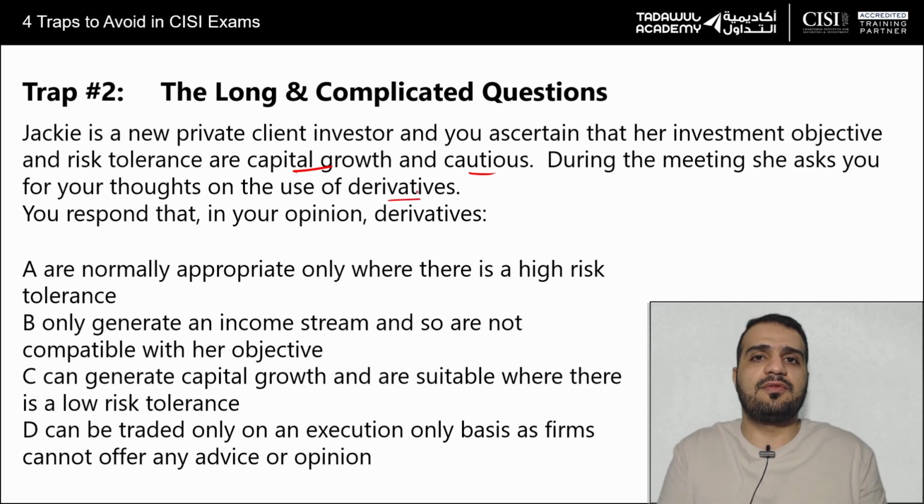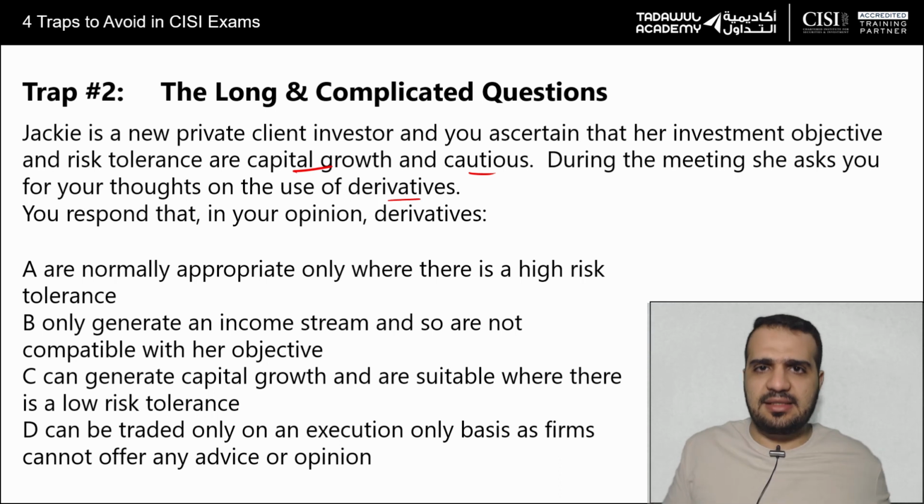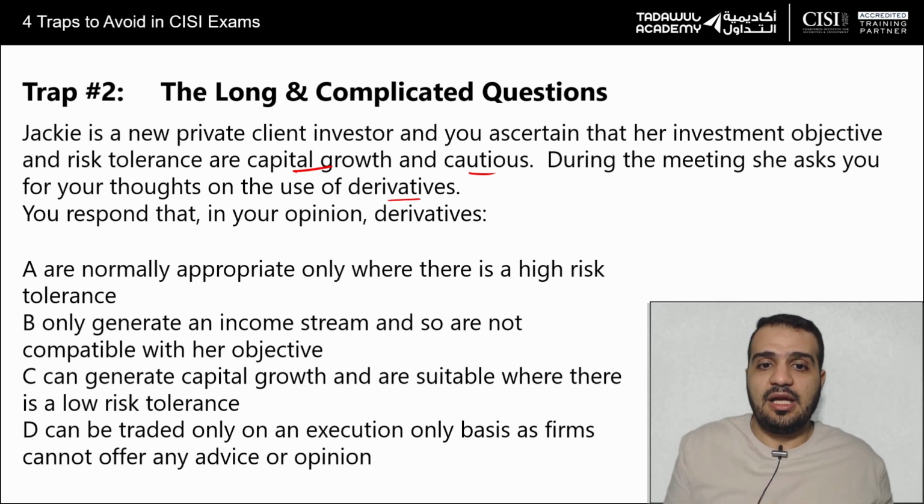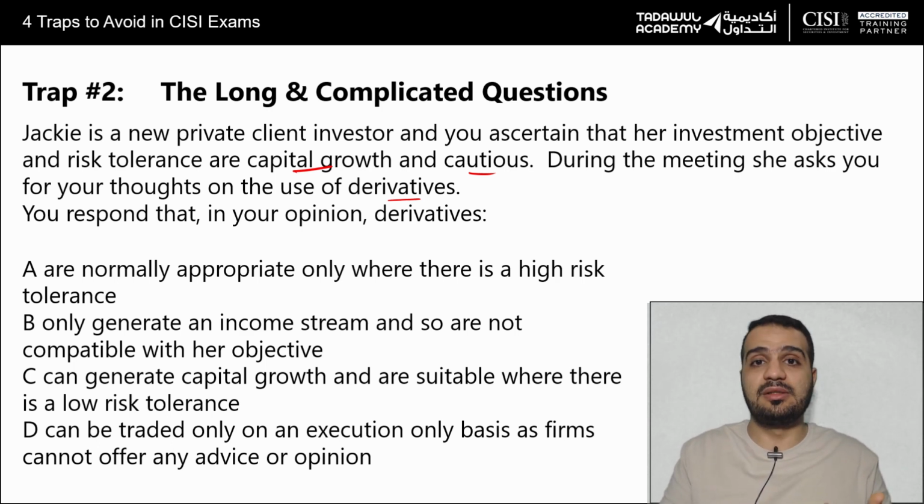For those of you who have covered most CISI qualifications required here in the Middle East, such as the introduction, the risk qualification or wealth management, you must have learned that derivatives are the highest risk assets. Basically, it starts with deposits, the safest, then money markets, bonds, equities, and then derivatives. Derivatives are the highest risk investments available in the market.